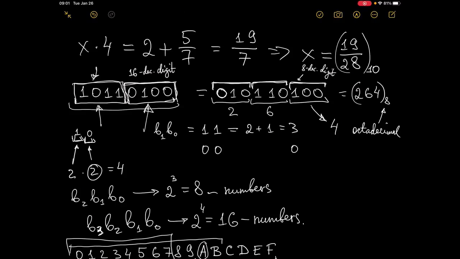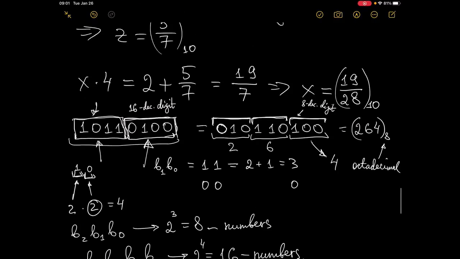Because you use groups of 3 bits here, this group of 3 bits is called a triad. And if you use a group of 4 bits, it's called a tetrade, from tetra and so on, so Greek words.